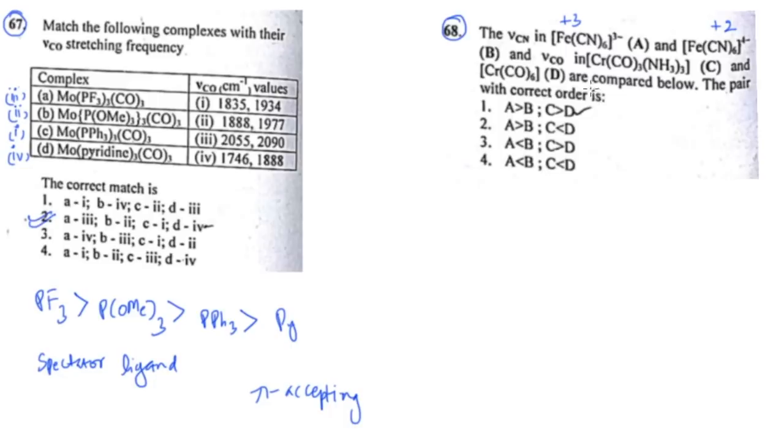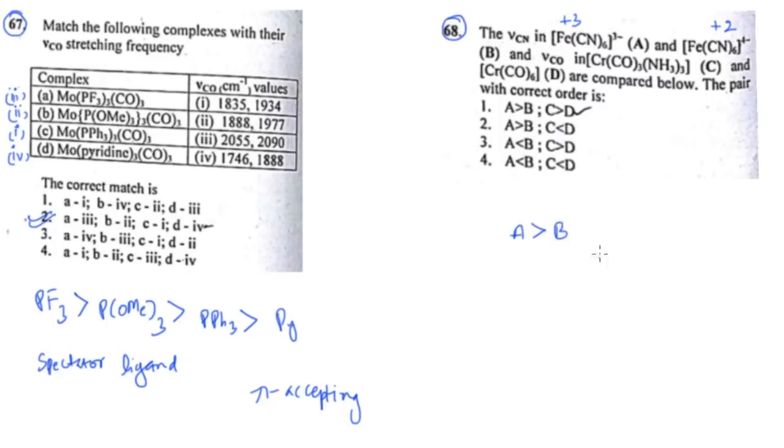When the oxidation state increases, back bonding decreases, and as back bonding decreases, the bond strength of the CN bond, just like the carbonyl bond, increases, and the frequency also increases. The one where the metal center is more electron deficient will have higher frequency. So among A and B, A will have higher frequency, so A will be more than B.